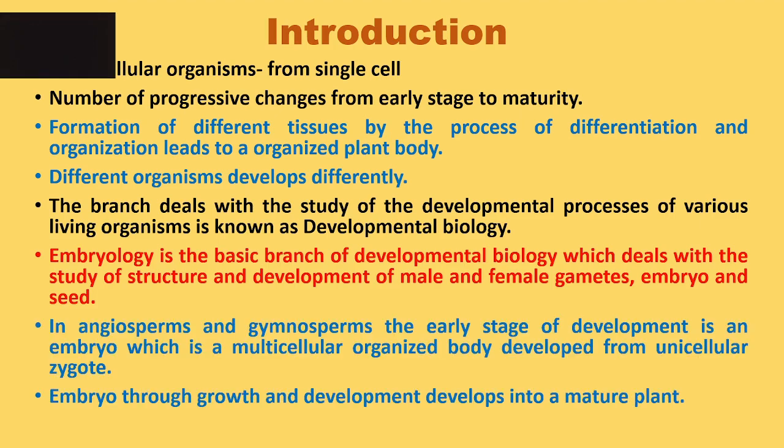In angiosperms and gymnosperms, the early stage of development is an embryo, which is a multicellular organized body developed from a unicellular zygote. Any plant we look at now was initially a zygote, a unicellular organism, but through continuous cell division and progressive development, it develops into a mature plant.